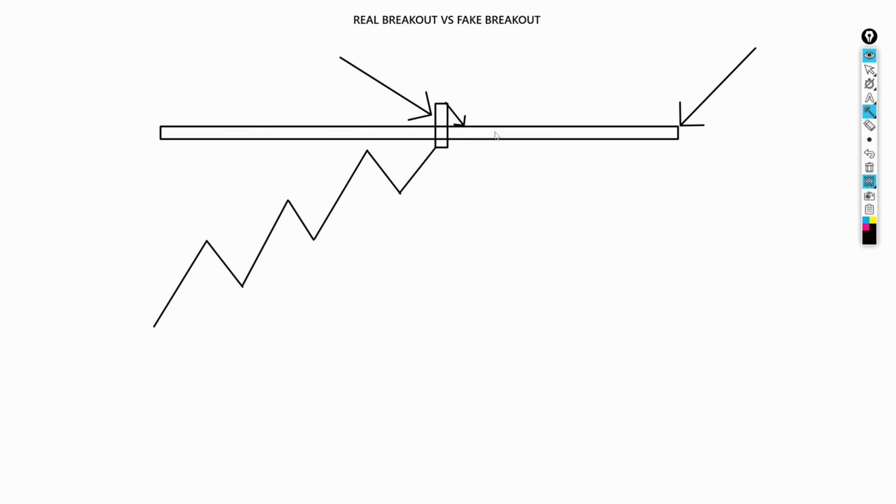You won't treat this as a support because currently we are not sure if this candle is a breakout candle or a trap candle. What you will do? You'll wait for the price to go down, and after that you will see if the price is moving up again.